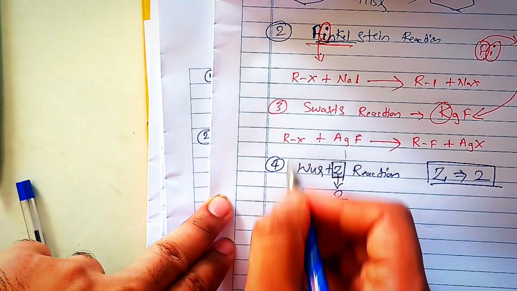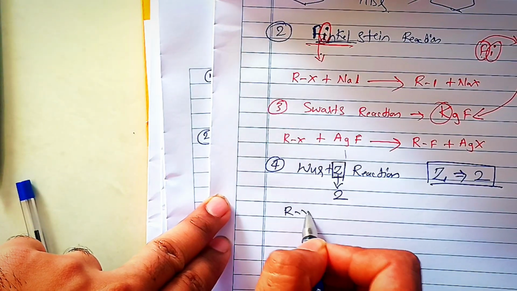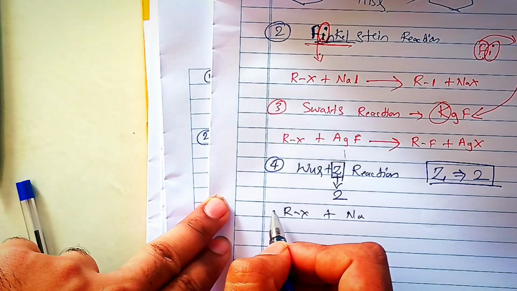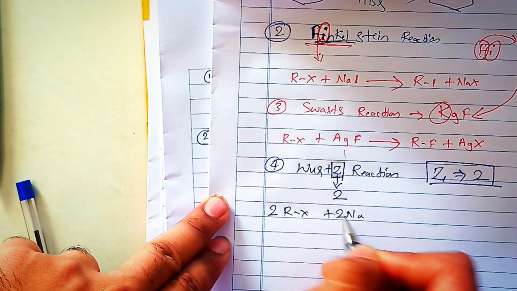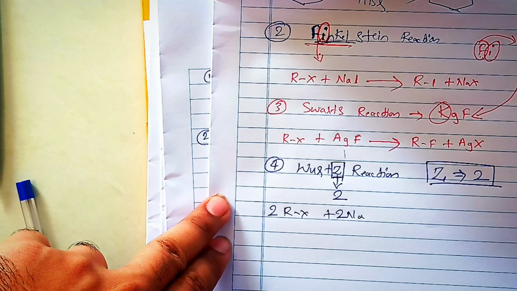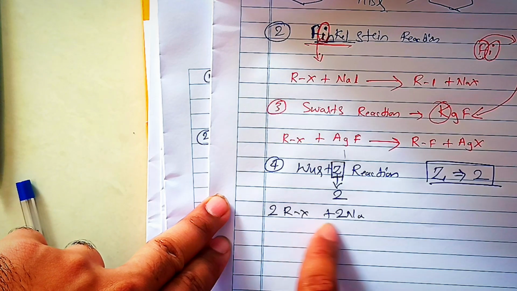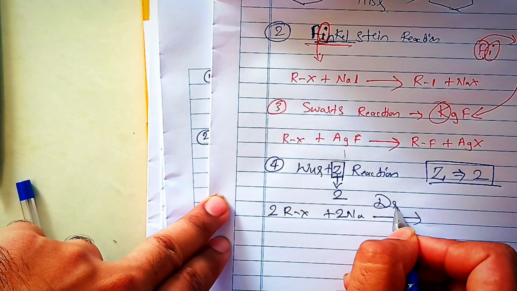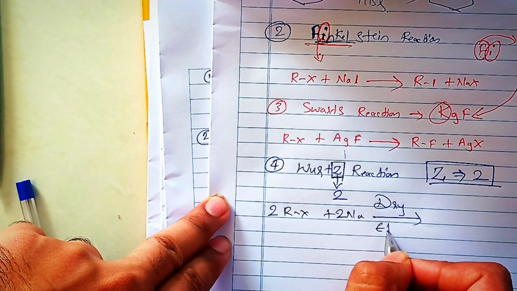So we will get the same R-X plus the same Na, but as a 2: 2 R-X plus 2 Na in the presence of dry ether.